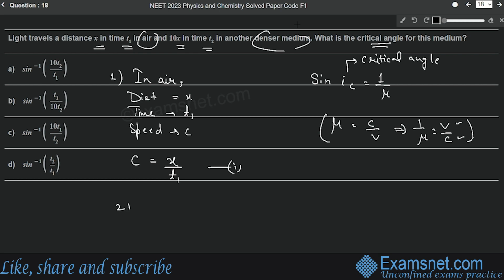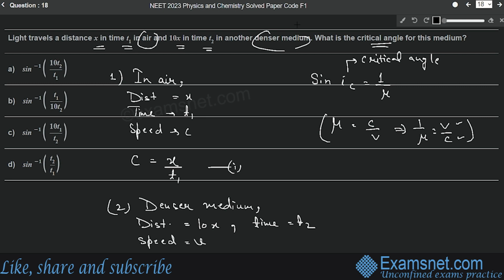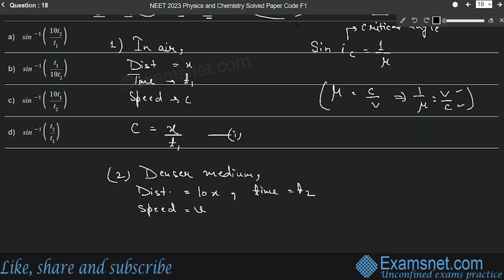And in the second case, that means in a denser medium, distance traveled by light is 10x, time is given as t2, right? And we know that the speed is taken as v in any medium. So from here, the speed v will be equal to distance by time, that means 10x by time t2. Okay, so this is equation number 2.